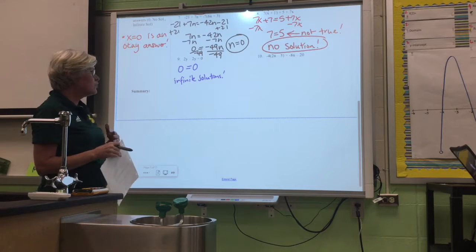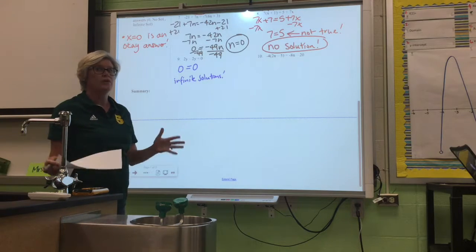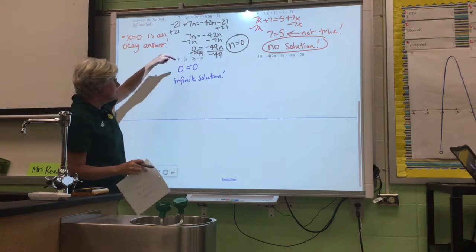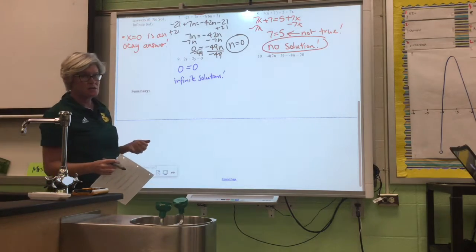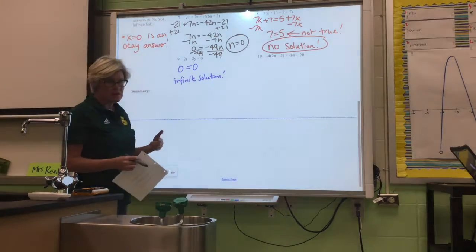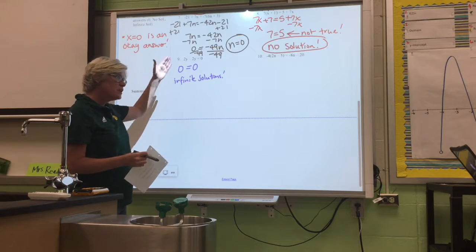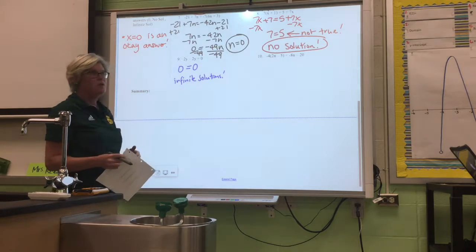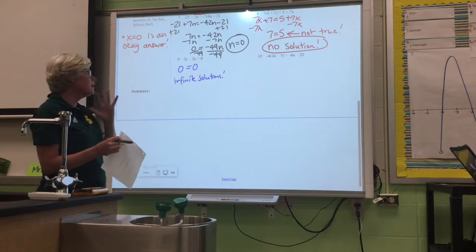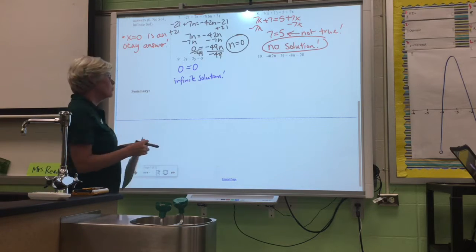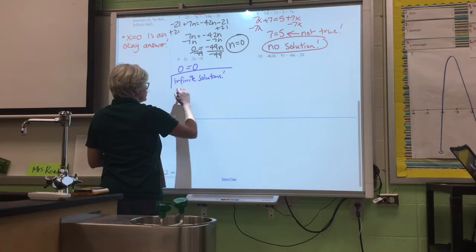What this means is you could plug in any number in the whole world and it would work. If I plugged in a 5, 10 minus 10 is 0. If I plugged in a negative 8, that would be negative 16 plus 16 is 0. If I plugged in a 1/2, you could plug anything in, anything would work. There are infinite number of solutions.